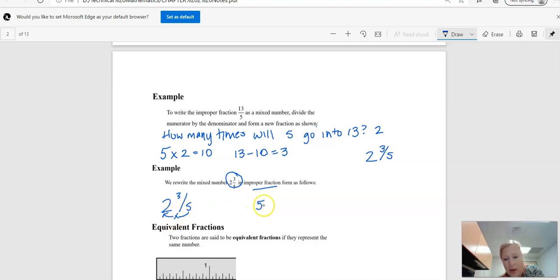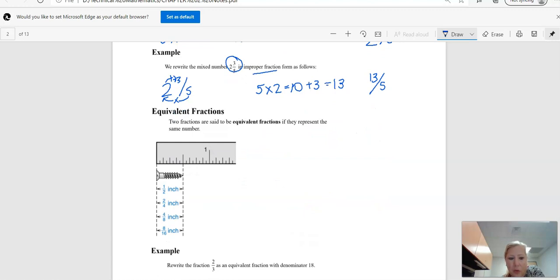So we're going to do 5 times 2, which is 10. And then we're going to add that to whatever is in the numerator, which is 3. And that's going to give me 13. So that's going to be my new numerator. My denominator is going to stay the same, and it's going to be 5.